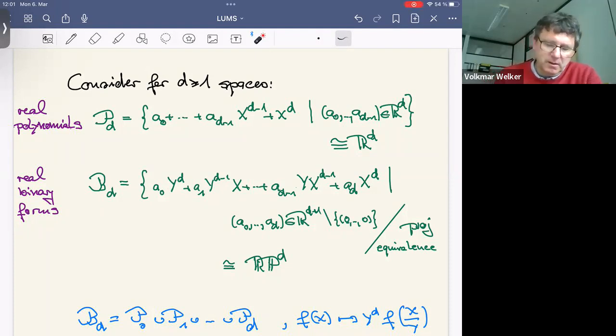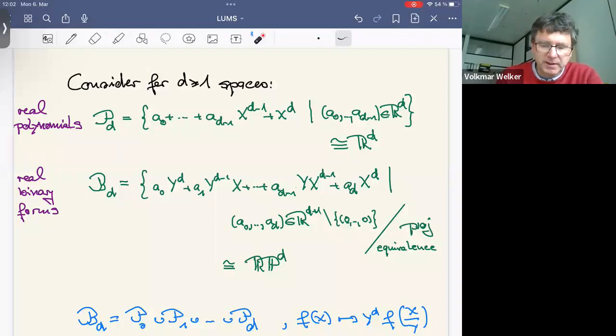We collect all of those and give them a topology from real D space, where we get the point in real D space from our polynomial by just looking at the coefficients.